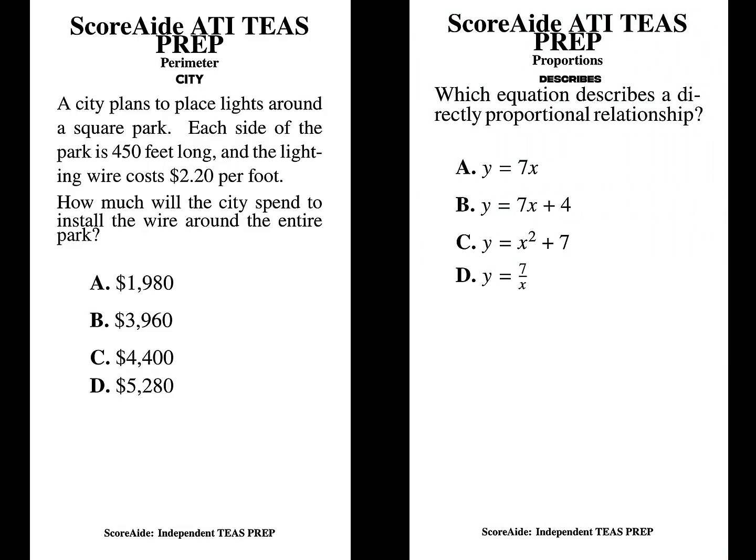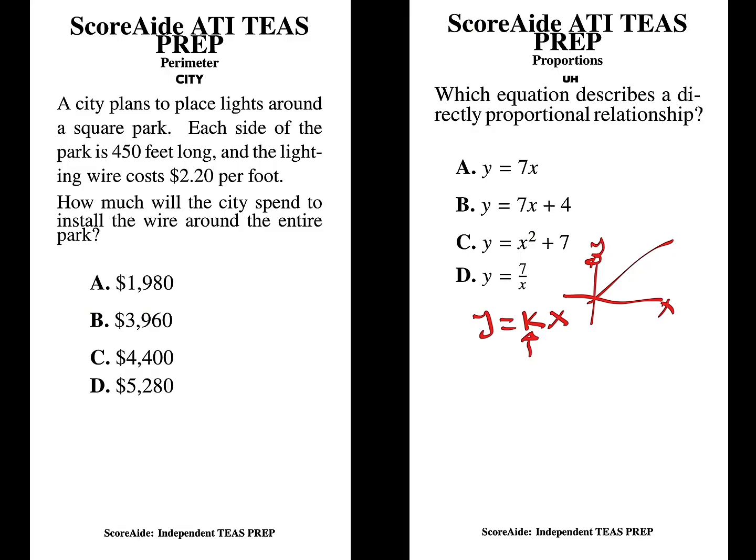Which equation describes a directly proportional relationship? So for a direct proportion, in general, this is a direct proportional relationship where k is a constant and the graph passes through the origin, right? The graph passes through the origin like that, and k is a constant.